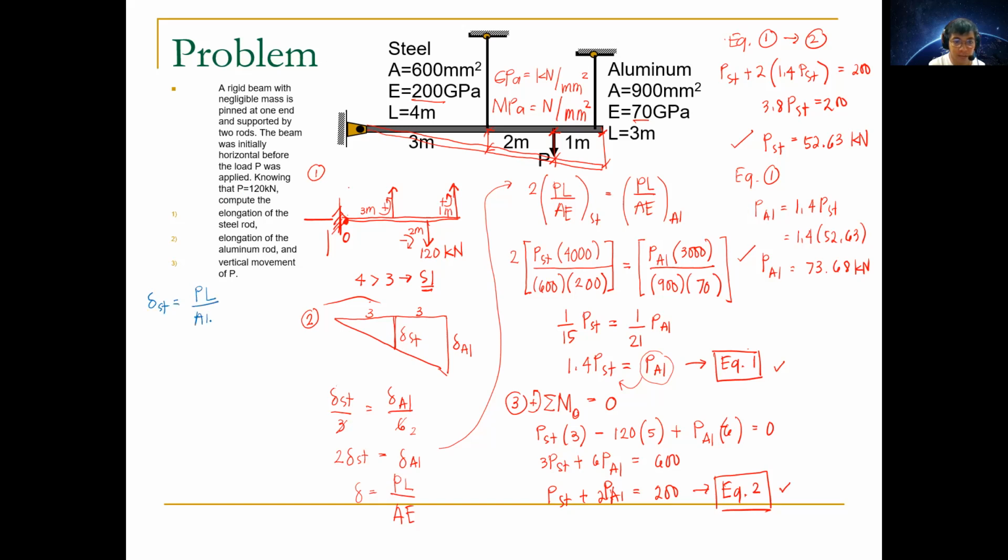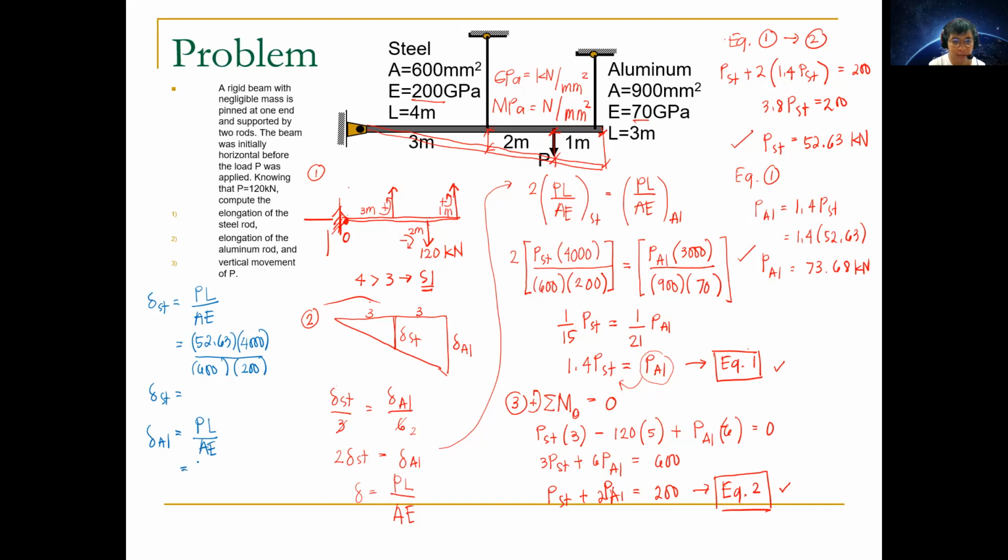The force coming from the steel is 52.63 kilonewtons, multiplied by 4,000, then the area is 600, then 200. Then you have the deformation of the steel. The deformation of the aluminum uses the same formula, PL over AE.